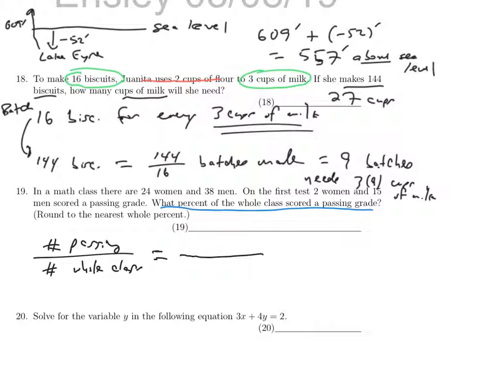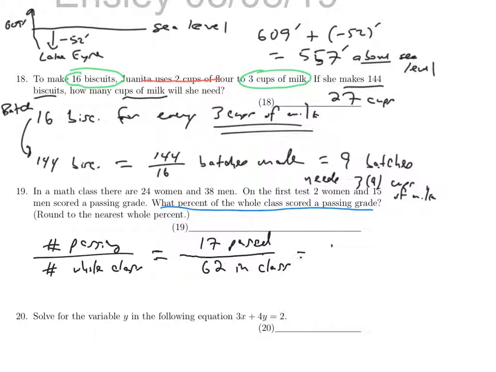So that means that number passing is the total number passing. So 2 women and 15 men passed. That's a total of 17 people. And 24 plus 38, 62 people in the whole class. So the proportion of the class who passed is 17 out of 62.